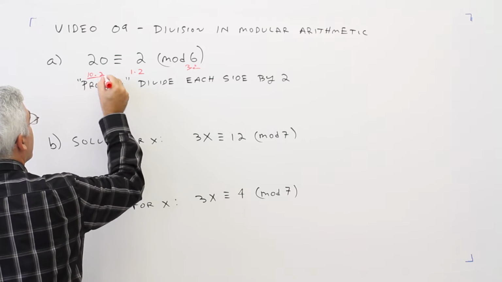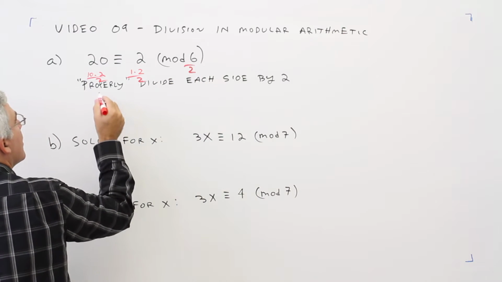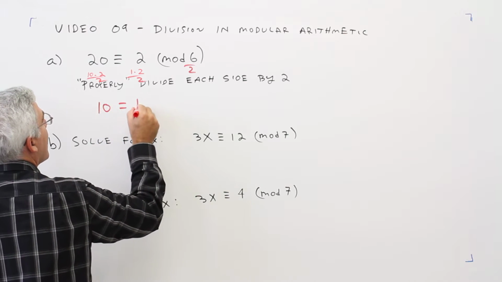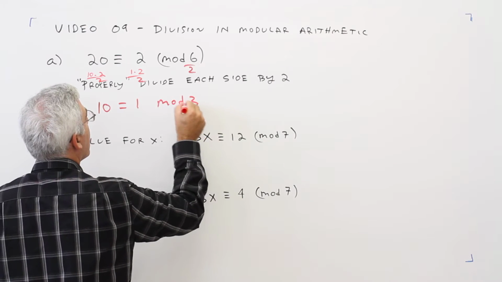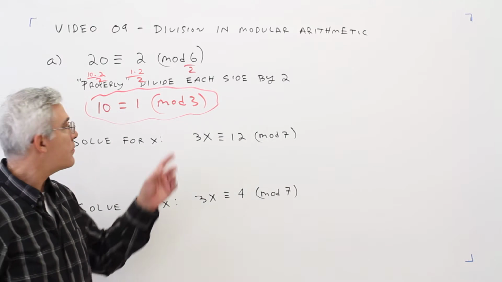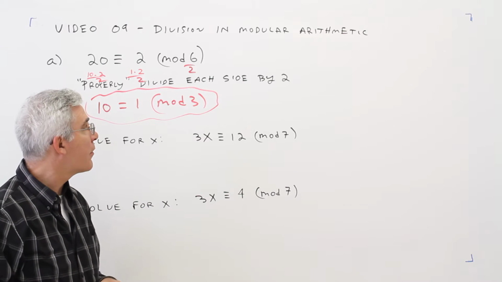So just divide by 2, divide by 2, divide by 2, and I'm going to get 10 equals 1 mod 3. And that's how the general division formula worked.